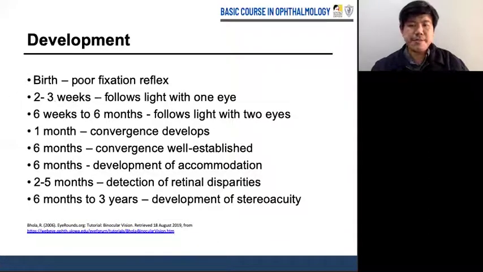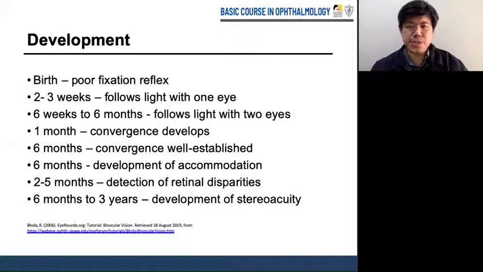So, at birth, the fixation reflex is poorly developed, with the child having only random, non-conjugate, and aimless ocular movements. There is inability to carry out pursuit movements during the first few weeks of life. So the development of the optomotor reflex is essentially a postnatal event, with the approximate time schedule being around 2 to 3 weeks, when an individual can follow light monocularly, and at 6 weeks to 6 months, an individual can already follow binocularly.